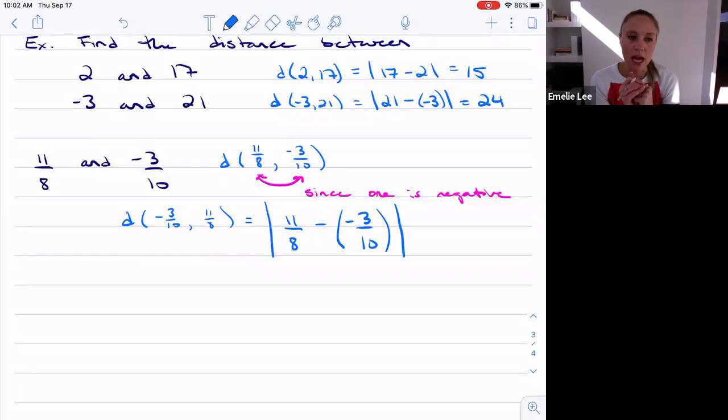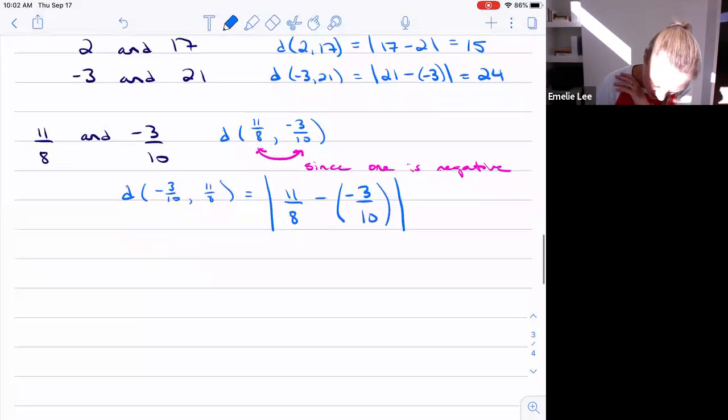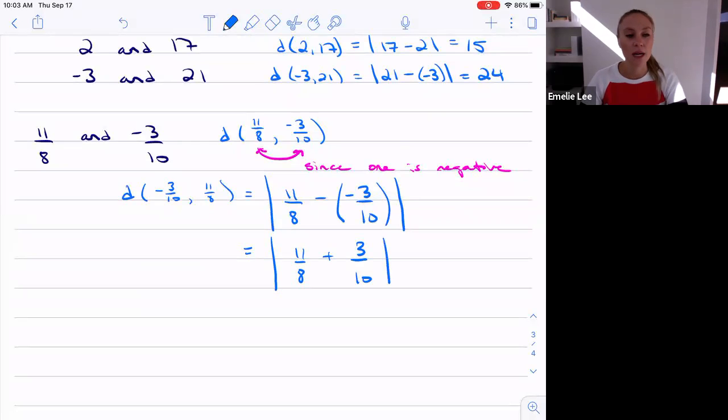This is the same as adding two fractions, so I will simplify in there first. 11 over 8 plus 3 over 10. To combine these, I don't have a common denominator yet. And so we're going to use that trick that I showed you the other day. Of course, there are more elegant ways to do it, but this works every time.